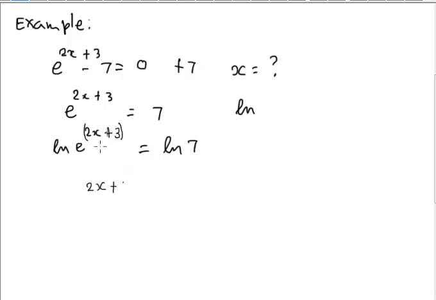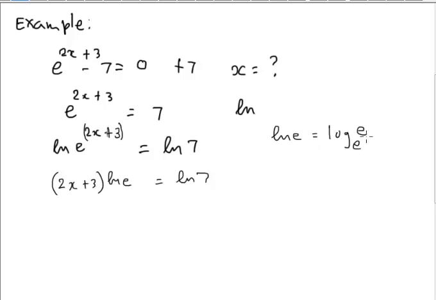There's something I want to highlight here. Let's use that power property. The power property will say this is 2x plus 3 in brackets times ln E equals ln 7. But what is ln E? Ln E is logarithm base E of E. What is that? 1. That's why I wanted to highlight that.